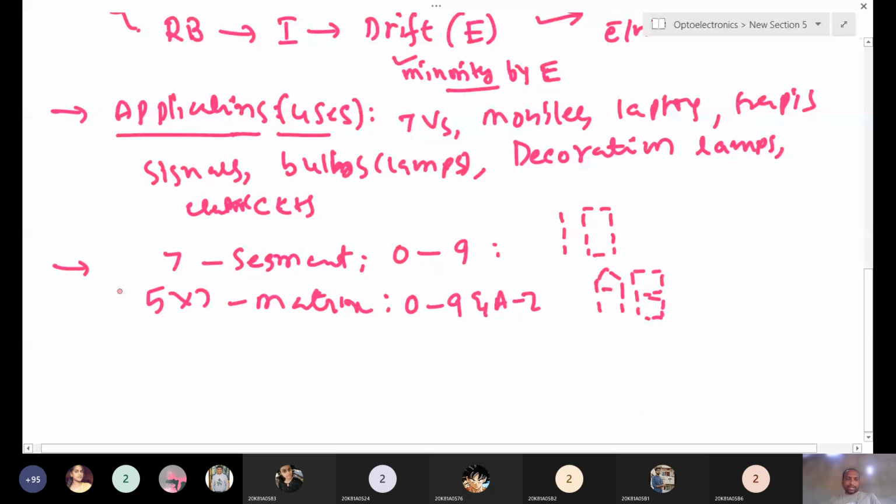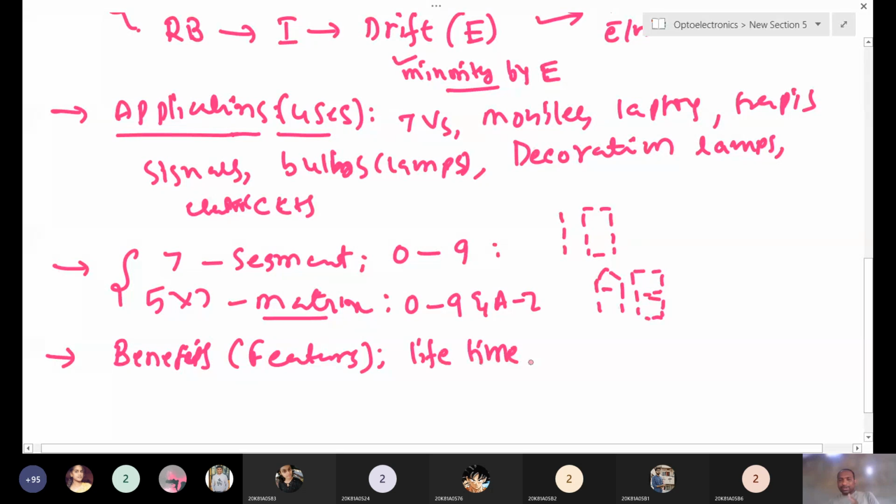Now, why are we using this so much? Benefits, or features, you can say. Lifetime is very high, and it is small in size. Because of the small size, wherever you want to install, you can install it.